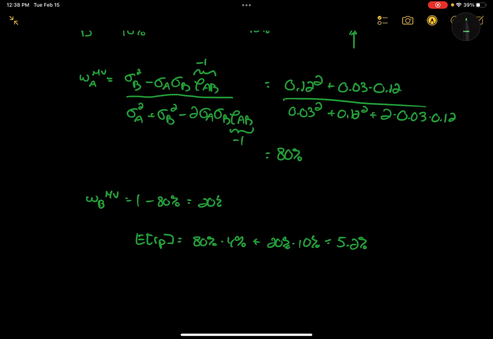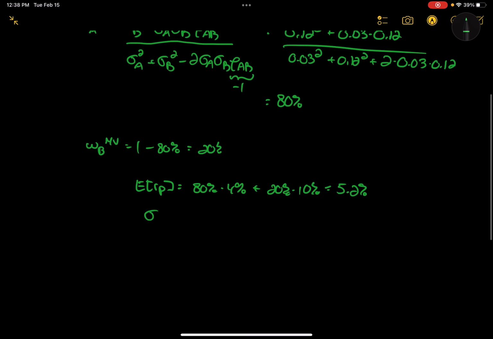Now, this is not asked of us, but we could check if the portfolio is really risk-free. That's very easy to do. We just calculate the variance of the portfolio.